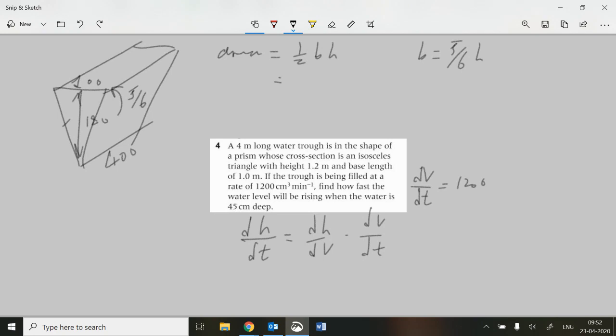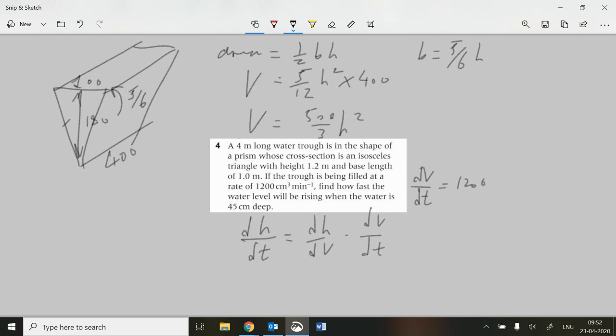In fact, I need all H's, so I need to replace my B with a formula for H. If I put that in, a half times 5/6 gives us 5/12, then times B, which is 5/6 times H, so there's another H there, so H squared. Now I'm going to change this into volume as well, so volume is that times by 400. If I multiply that out, I get 500 over 3 H squared. So that's V in terms of H.